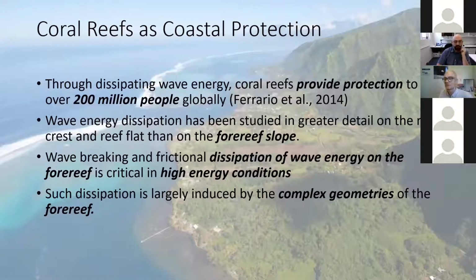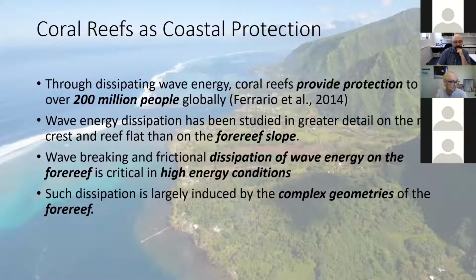So this isn't unique to Chopu. 200 million people globally receive this kind of protection from coral reefs, which has been studied in greater detail on the reef flat and the reef crest than the highly exposed forereef slope. The dissipation in this zone is largely due to the complex geometries of the forereef.